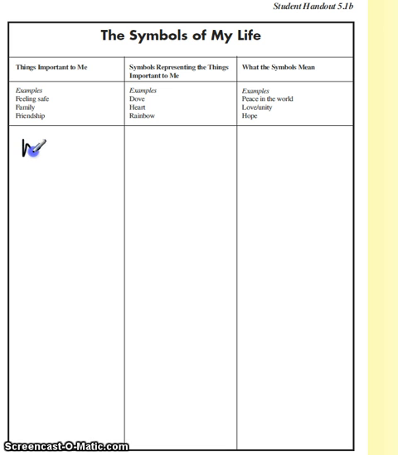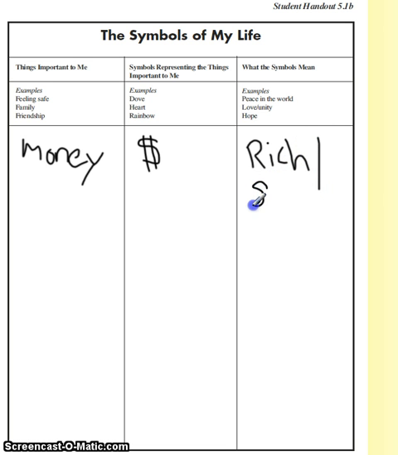Things important to him may be money. A symbol representing it, if he is a lower functioning student, he may just do a money sign. And what that symbol means is becoming rich, or maybe even security in his family.